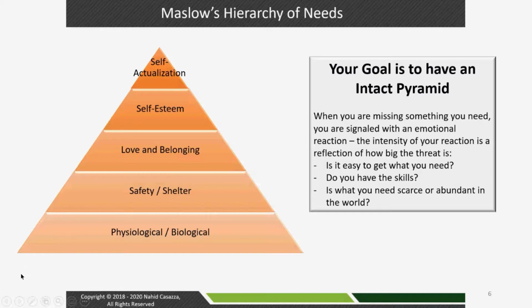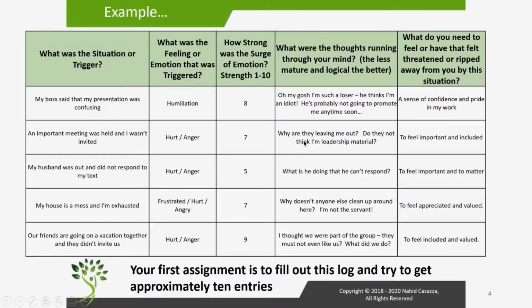So your trigger log actually connects to your pyramid because when you have an emotional reaction, what's really happening is you're basically popping holes in your pyramid, right? Something's going on, a situation is going on, and you're getting holes in your needs pyramid.